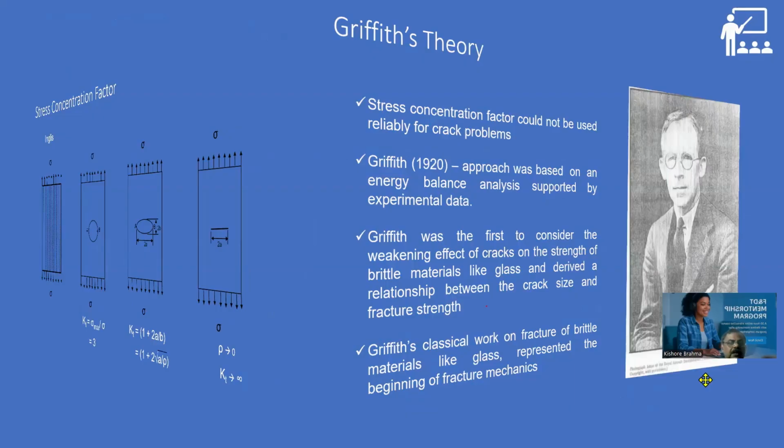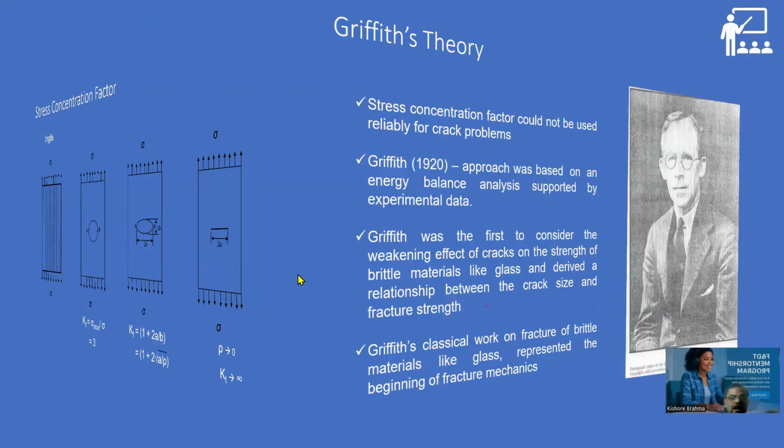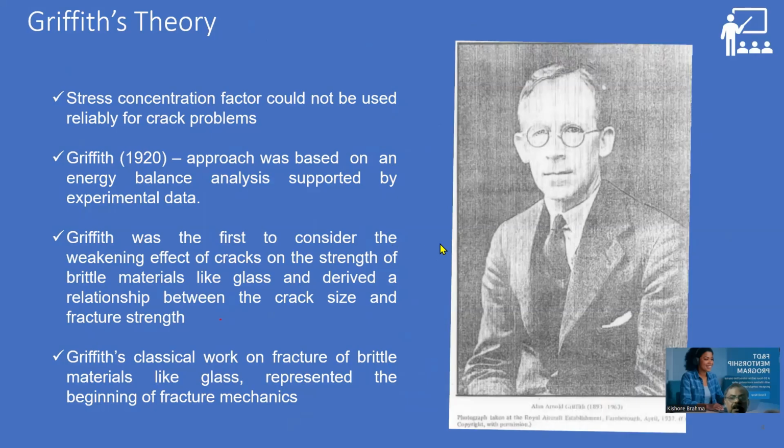So fracture mechanics started with the Griffith theory. Griffith was working as a scientist at the Royal Aeronautical Society, doing research on how to prevent failure of windshields. He started doing some experiments way back in 1920, taking a glass rod and breaking it in two to see what load it takes for failure.